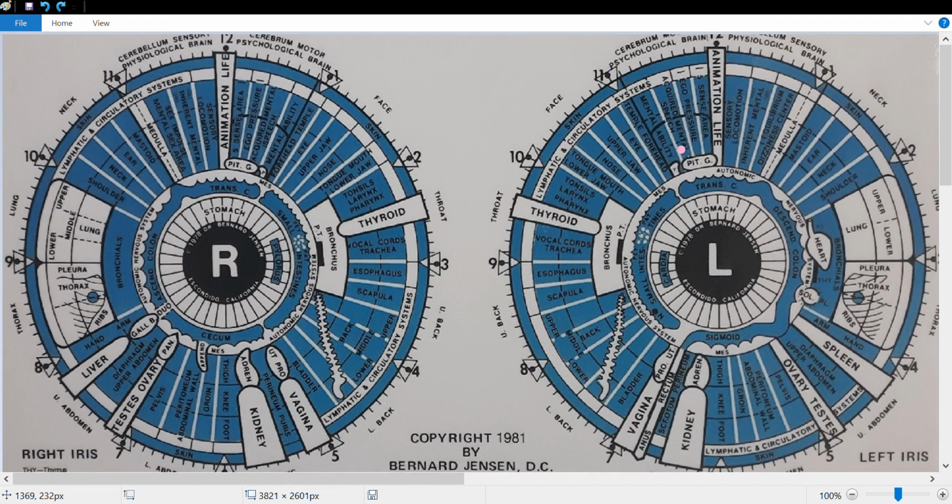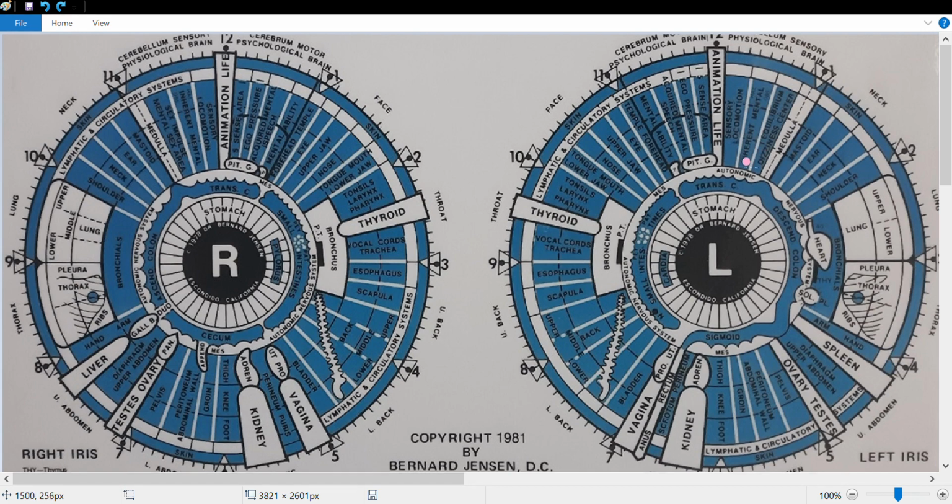And again, we're going to do a whole video on the brain because it's actually pretty deep. But just know that this whole entire area from 11 to 1 o'clock is the brain area, and that Bernard Jensen does attribute different sections of the brain, and he refers to those as brain flares.